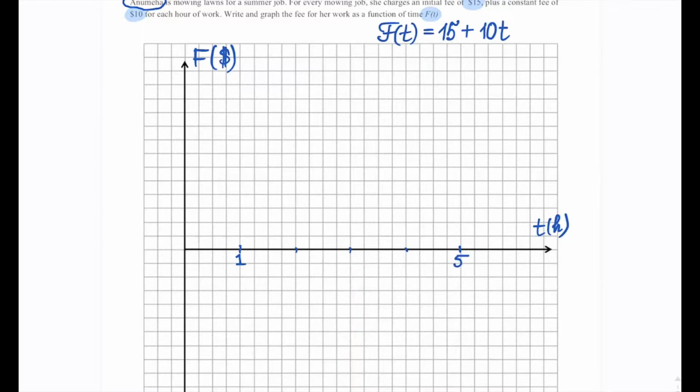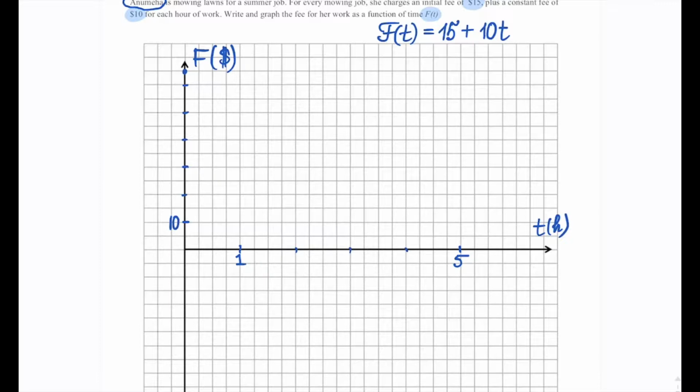And then vertically, if I were to put 5 hours in here, that would give me 50 plus 15. That's going to be 65. So I need to have 65 fitting in here. If I choose this to be 10 bucks, then that's 20, 30, 40, 50, 60, 65. Yeah, I have this. I just need to erase this part so it's not in the way, and I have enough room to graph this.